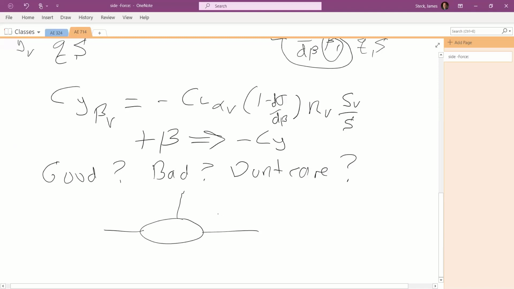And the airplane, to create a side slip, is going to move sideways like that. Right, the airplane is moving to the right. Or a gust comes in from the right. So if we want to get rid of that disturbance, we want a force in the opposite direction. So if the gust is coming in, we want the airplane to be blown to the left because that gets rid of the side slip. So this is actually good.